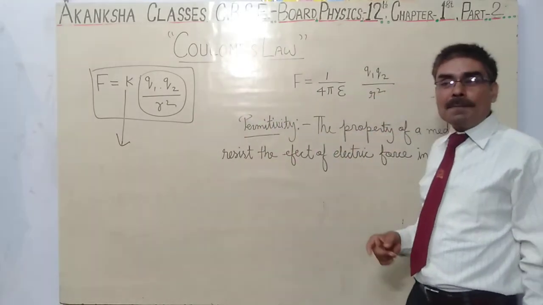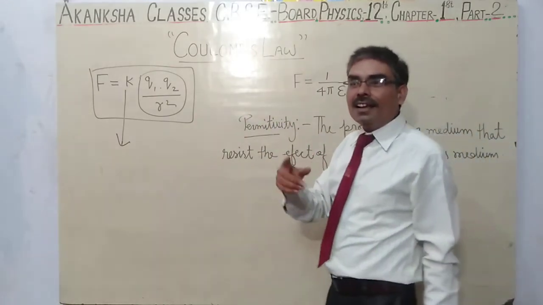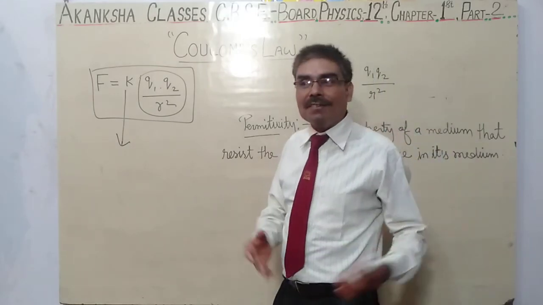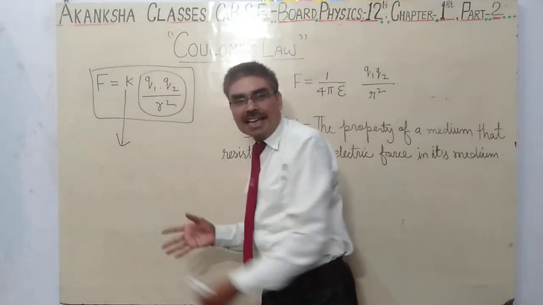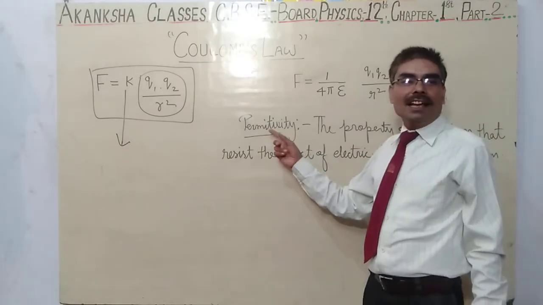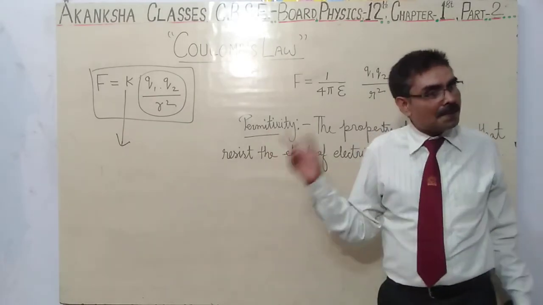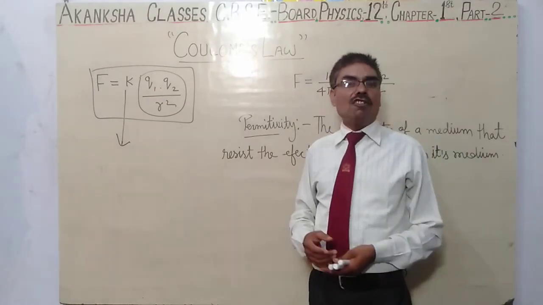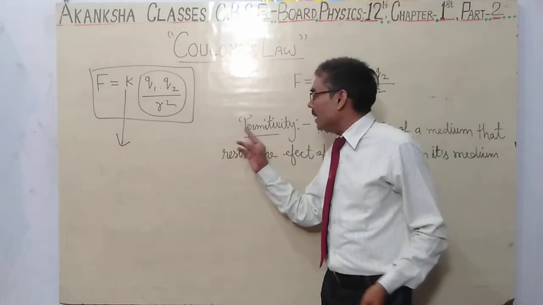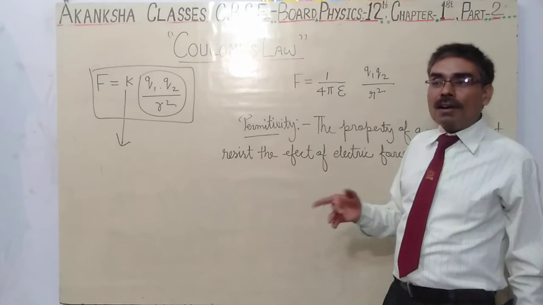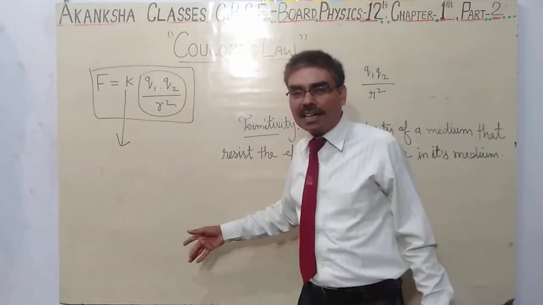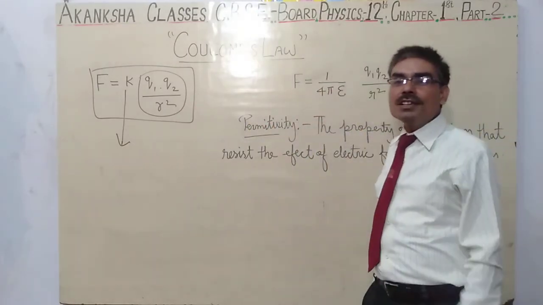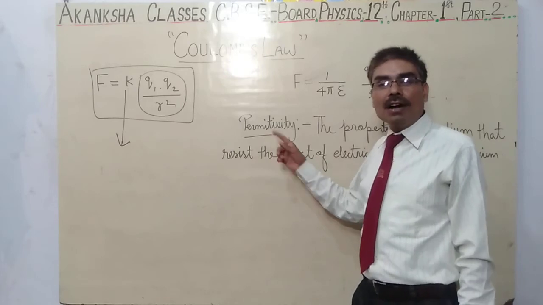For example, if we are carrying out the activity in space, then this property is of space. Then which permittivity will you use? You have to use the permittivity of space. But if you are carrying out the same activity in water, then you have to use the permittivity of water.